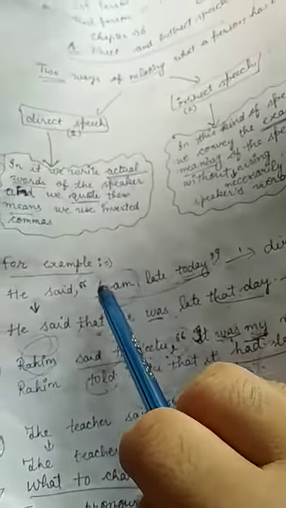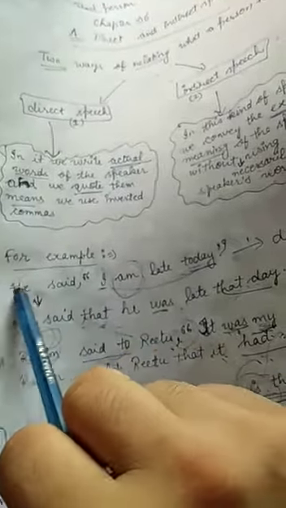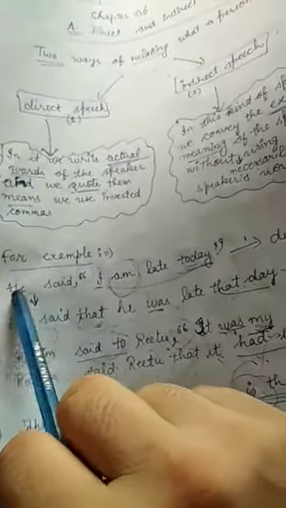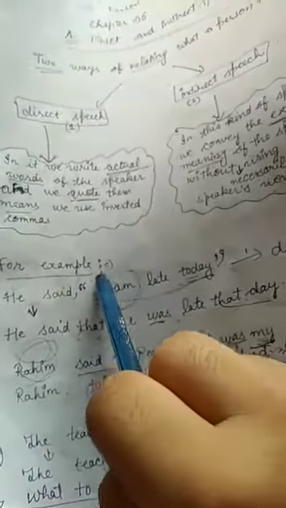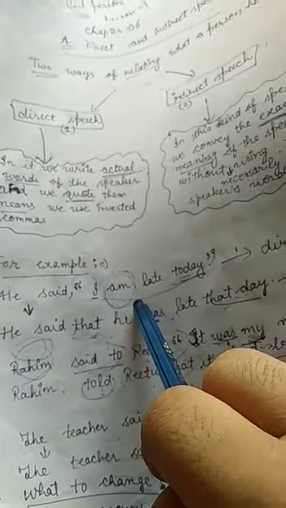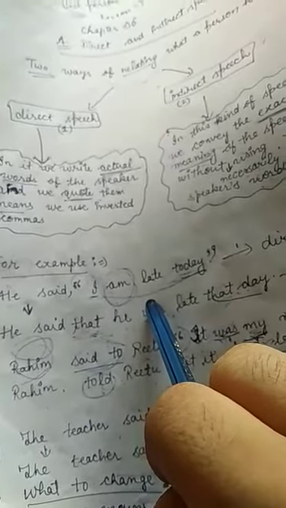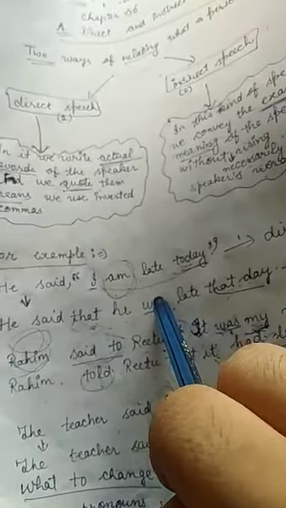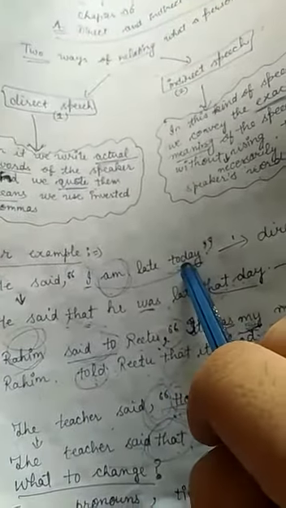And I will change the first person according to the subject given here, the first subject. He said that he, am is the present indefinite tense, and according to the rules set by the grammarians, simple present tense always changes into past indefinite tense. Am will change into was, late, today.